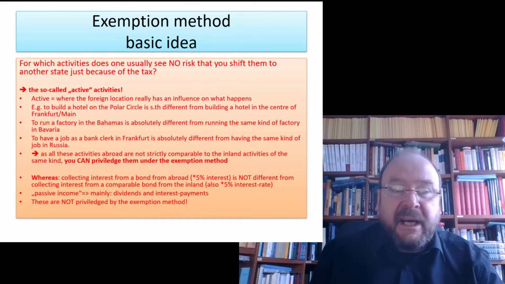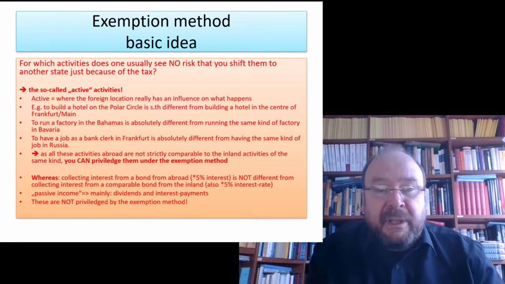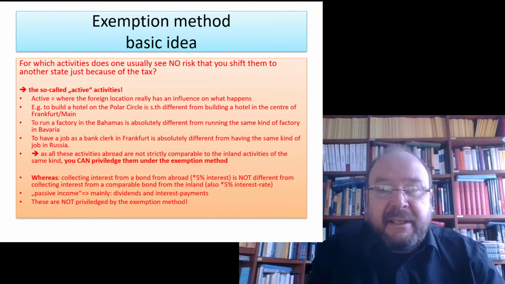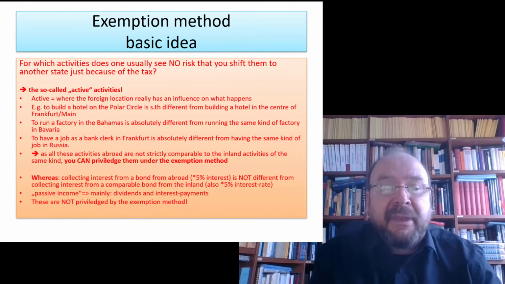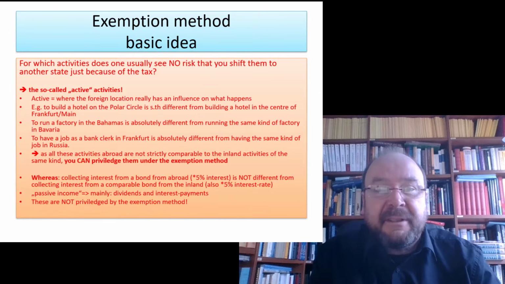Good. Now, when we say that the exemption method can only be offered for investment alternatives, or for activities better, where you do not have to fear that you shift this activity abroad just because of the tax, for which activities can you then grant the exemption method?